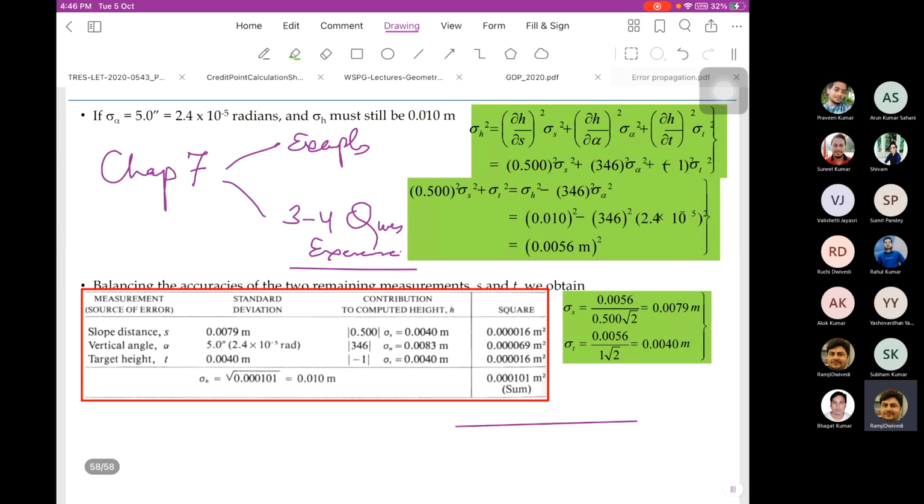But our main quest is the adjustment: how well we can deal with these random errors, how well we can remove them. Sorry, if not possible we cannot remove them, we have to reduce them. What are the steps to reduce them? The final solution has to be something acceptable.